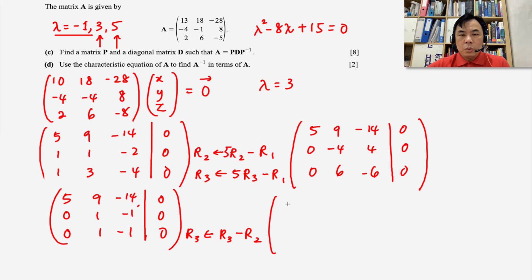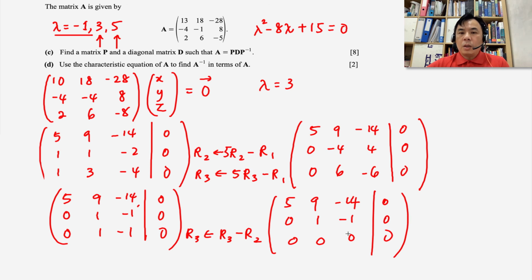And then that will yield 5, 9, -14, and then 0, 1, -1, and then 0, 0, 0.